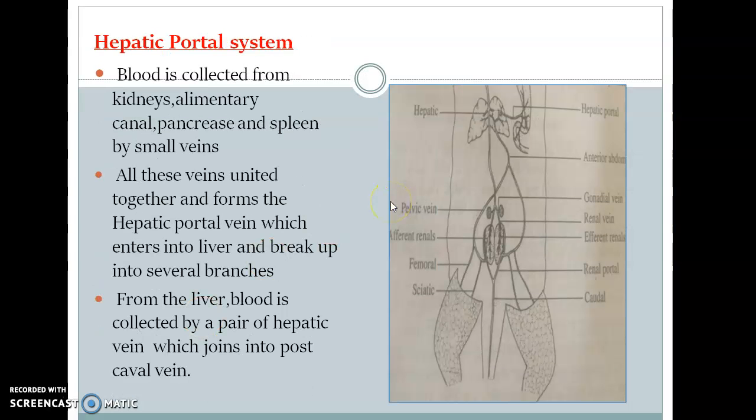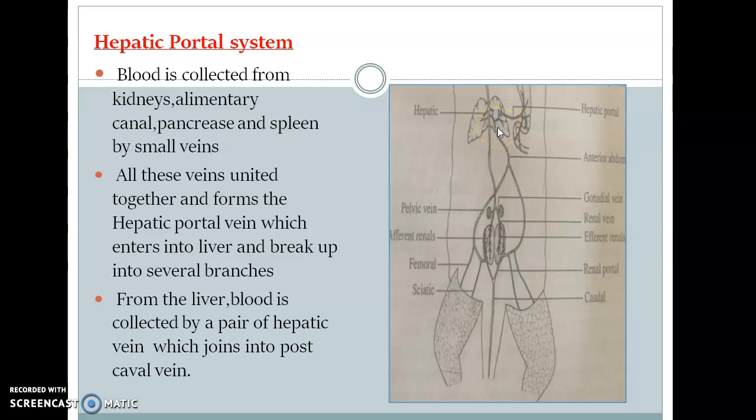Then comes the hepatic portal system. This is mainly concerned with collecting blood from the alimentary canal, which is a part of the digestive system, the pancreas, and the spleen by means of small veins. All these veins unite together and form a hepatic portal vein, which is generally divisible into many branches.